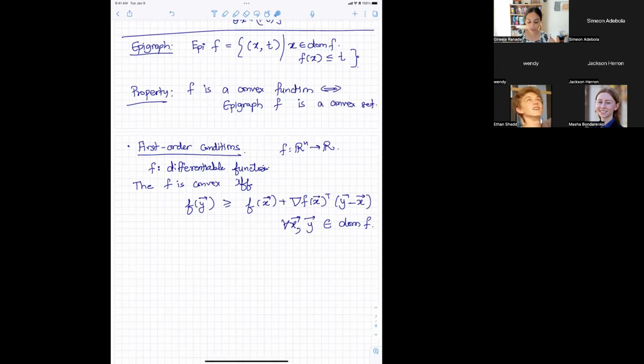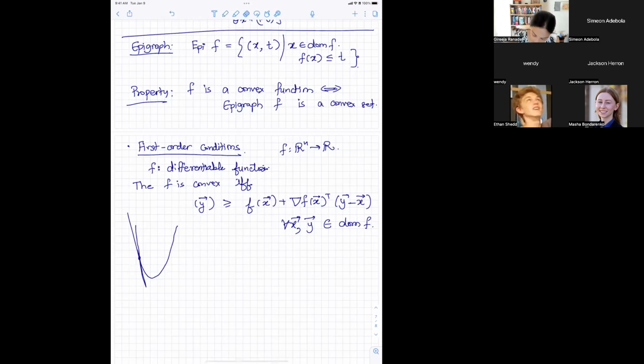Then what you see is that f(y) is always above this quantity. One way to think about this is that the tangent line is always below the function. So if you have a convex function, and I take some x here, this is always going to be below.